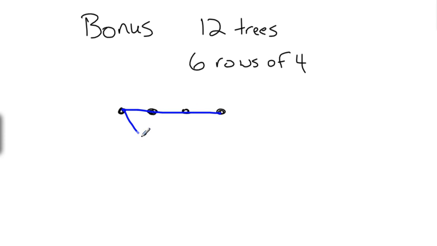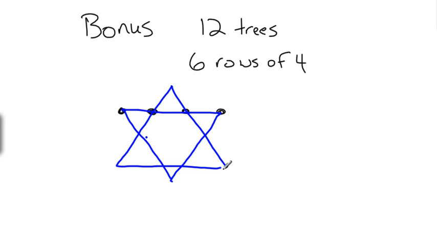I also want to make a 2nd row like this, and a 3rd row like that. So that gives me 3 rows of 4. And so you're saying, well, where does the rest of it fit in? Well, just wait. Let's take another triangle, and let's go like that, and like that, and like that.